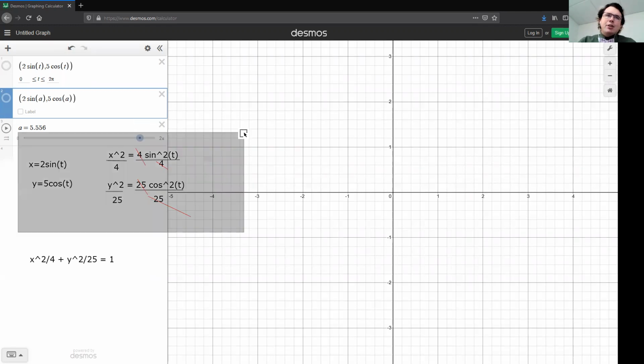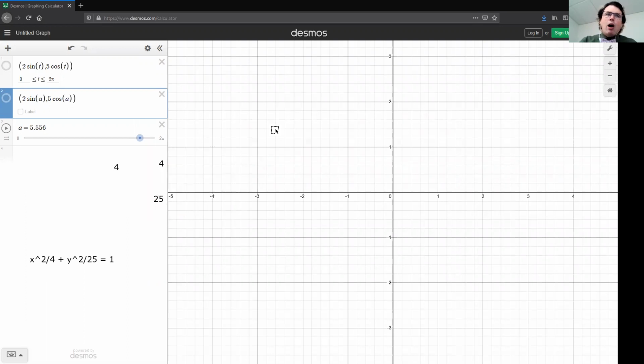What values of x and y actually make sense in this equation? Or another way to think about it is what values of x and y can come out of my parametric equation up here.